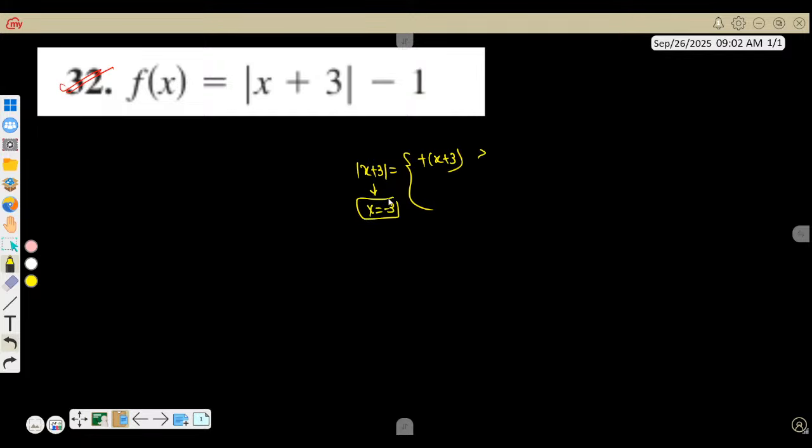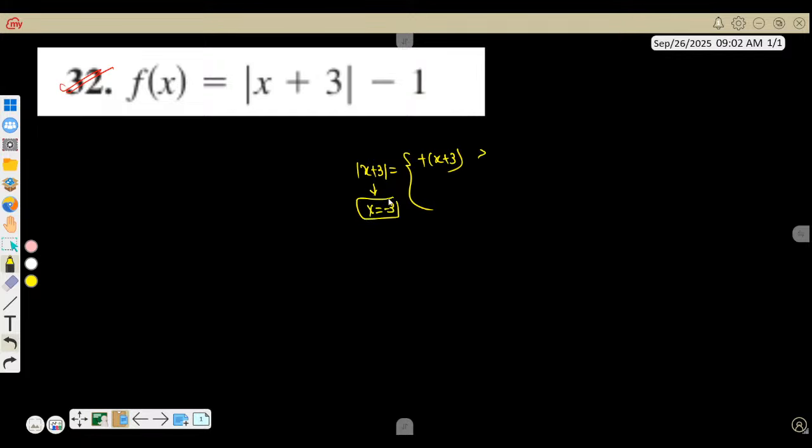It means this function is very easy as compared to the others. I have the interval at x equal to -3. For less than, I have -1, and for greater than, I have +1. A value of -1 means the function is decreasing, and a positive value means the function is increasing.